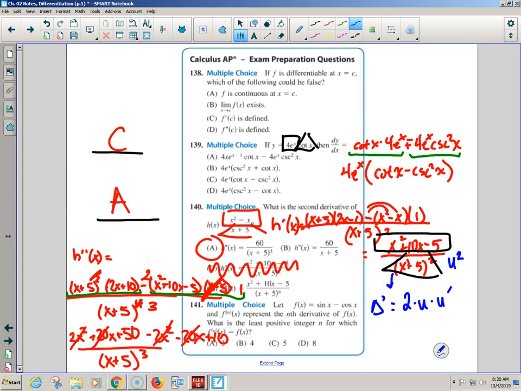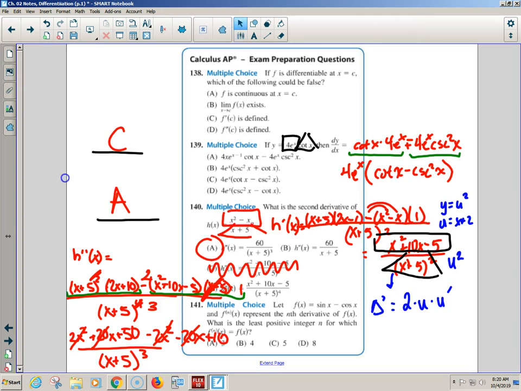So I had to bring down the 2, remember, the outer. Bring down the 2, keep the u, and then u prime. If you did it the other way, it would be y equals u squared, u equals x plus 2. So I do 2u times u prime. And that's why the 1 is there, because technically its derivative is just 1.